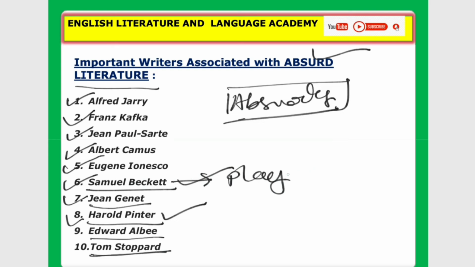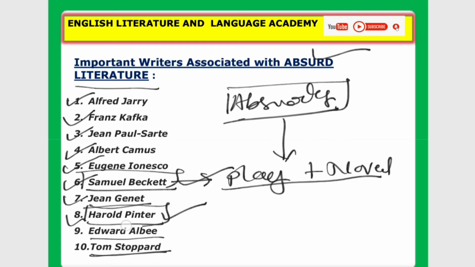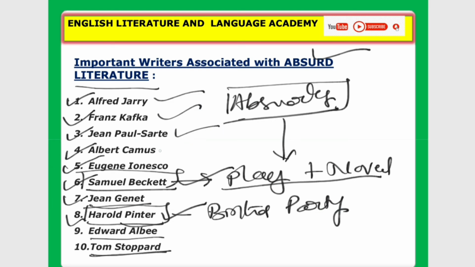Samuel Beckett's plays as well as novels dominate absurdity. So please remember Samuel Beckett and Harold Pinter, his famous play, The Birthday Party. Please try to read all these writers, especially their works.